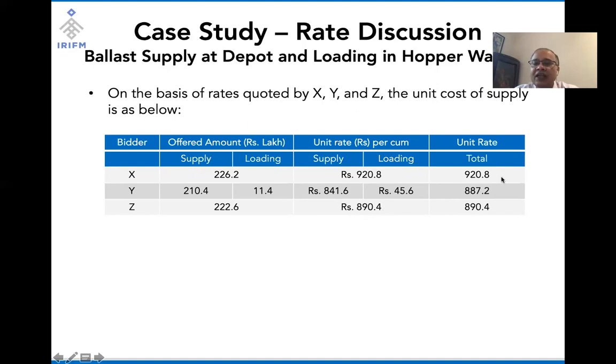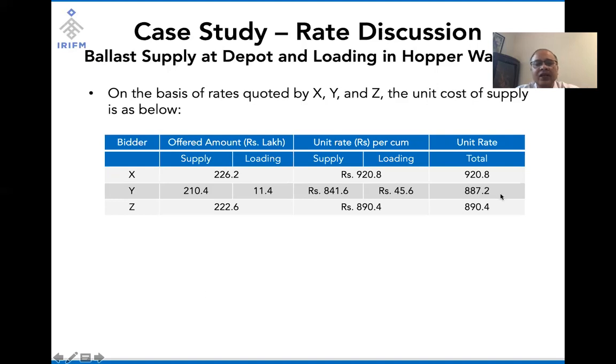So if we take the total rate, that is each component added together, for bidder X the unit rate per cubic meter of supply is 920 rupees 80 paise. For bidder Y, it is 887 rupees 20 paise, and for bidder Z, it is 890 rupees 40 paise.